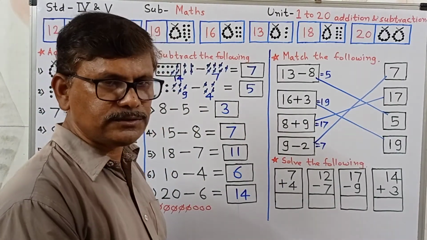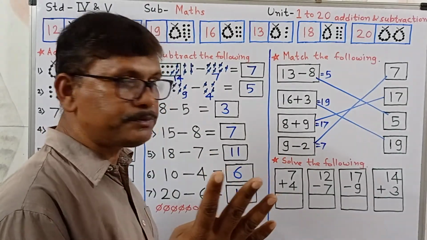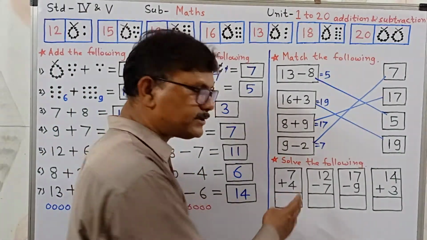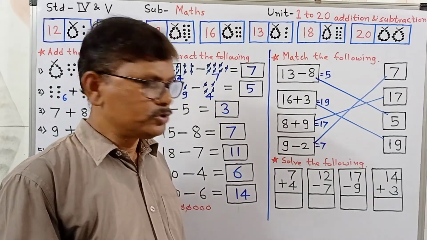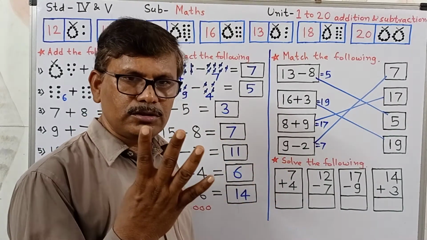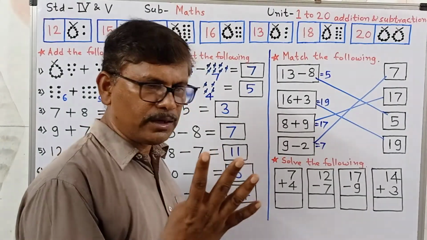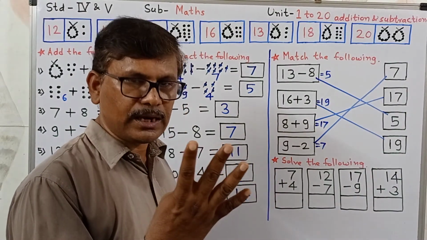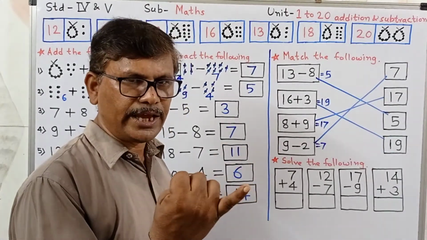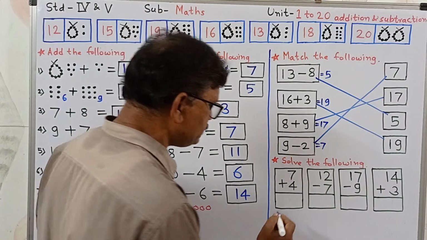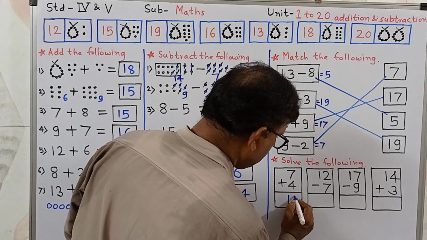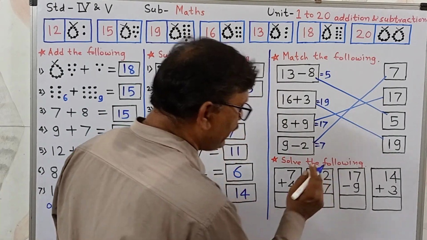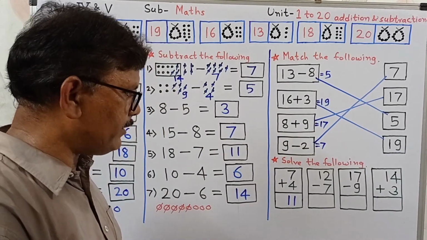Take 4 fingers and count after the bigger number. 4 is the smaller number, no? So take 4 fingers of the smaller number and count after the bigger number: 8, 9, 10, 11. So which is the addition of this? 11.